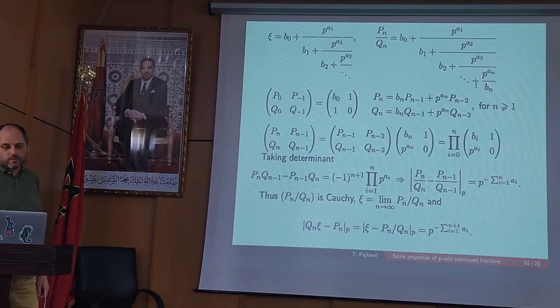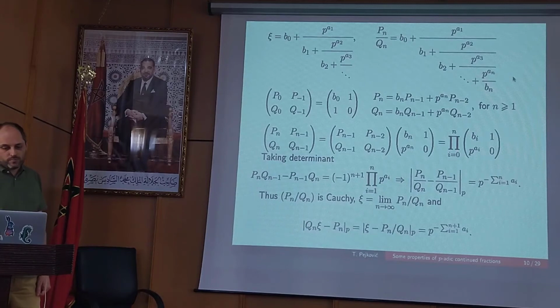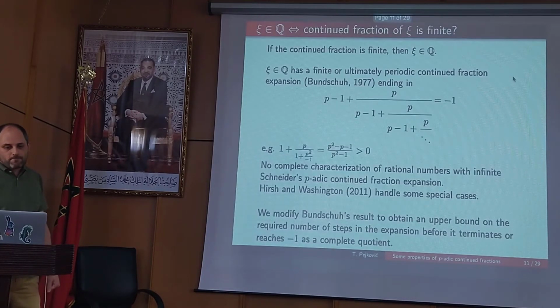But since all of these b's are positive, and obviously all of these powers of p are positive, it has to be a positive rational number. So if we start with a negative rational number, we cannot get a finite Schneider's continued fraction expansion. And this also happens for some positive rational numbers. For example, this one here.